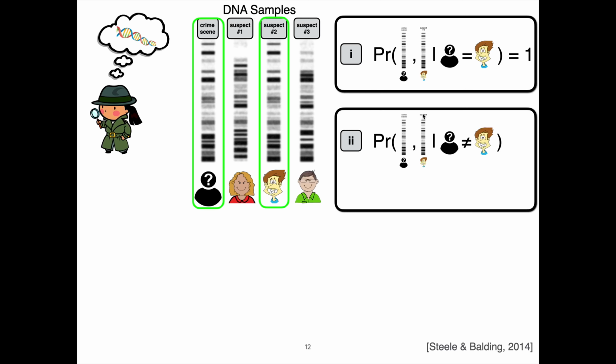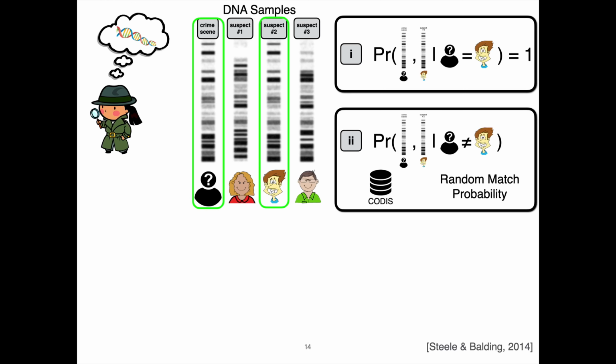Really, the important piece for DNA evidence becomes the second step, which is assessing the likelihood of observing the crime scene sample and the suspect sample, assuming that they're from different sources. Some assumptions here are that alleles at different locations along the genome are independent, and that we have a database such as CODIS, the Combined DNA Index System, that can give us an estimate of how frequent different alleles are at different locations along the genome, and allow us to estimate this probability.